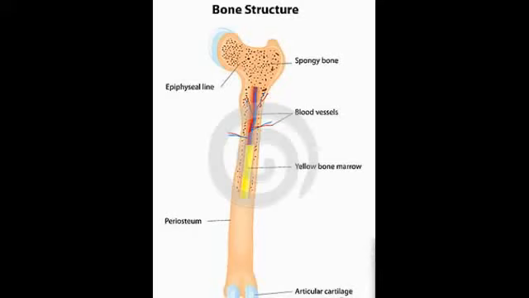Yeah, this is the same thing. This is the bone structure. So you see again the spongy part, which is actually the more important part. And the wall of the bone is also spongy. It is full of holes.